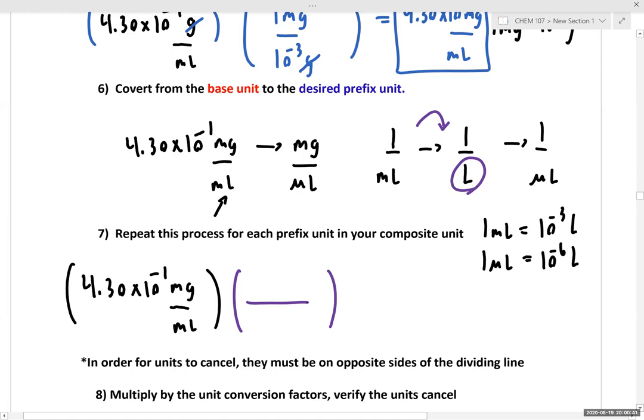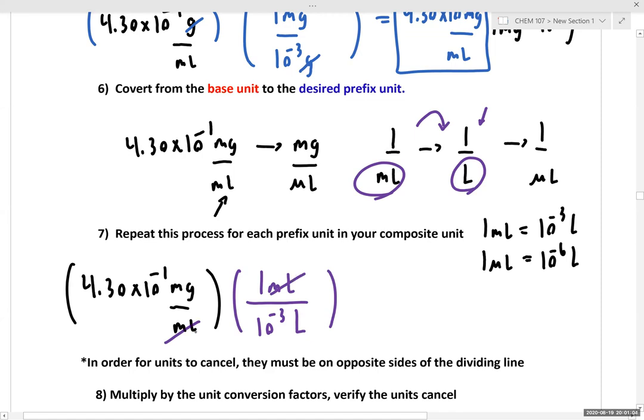So our unit of liters in our solution map needs to be on the bottom. So we put our unit of liters on the bottom. And then if we want to cancel our unit of milliliters, what needs to go on the top? Milliliters, yep. So in 1 milliliter, we have 10 to the negative third liter.